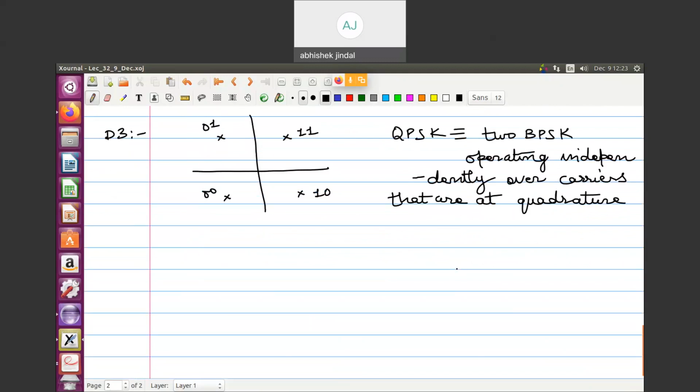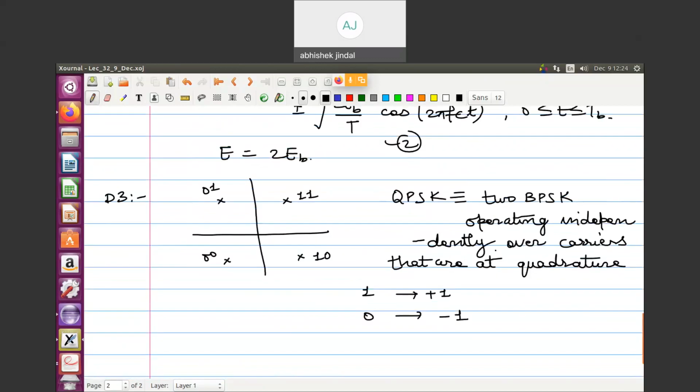So now if we encode 1 as +1 and 0 as -1, and then I use this plus and minus logic, or this NRZ waveform, to modulate each of the carriers and add, then what I will land at: this point is +1 and +1.